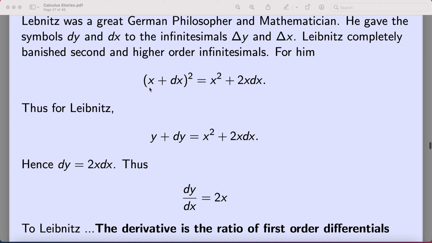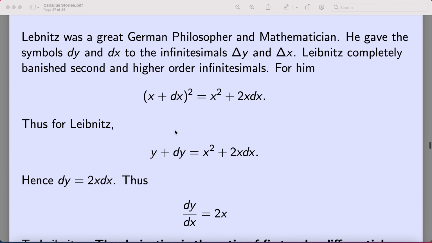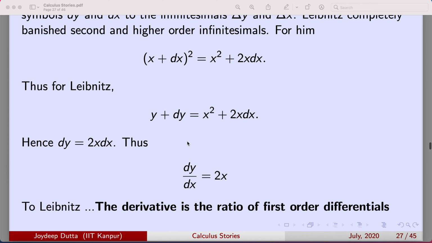Instead of del x, you write dx, and you have the same situation for Leibniz. (x plus dx) whole square is x square plus 2x dx plus dx whole square, which you would ignore because it is too small. Hence you get dy equal to 2x dx, and you write dy/dx equal to 2x. The modern symbol of the derivative as dy/dx is due to Leibniz.